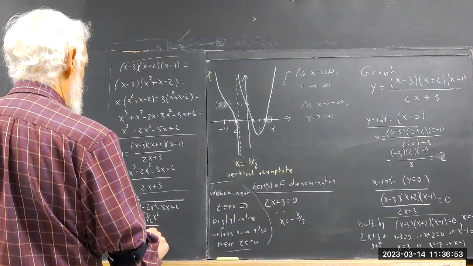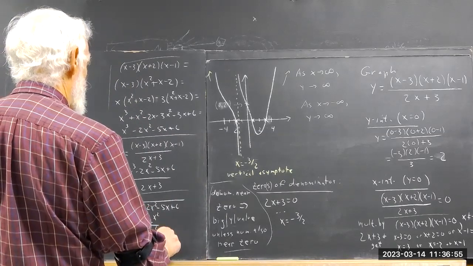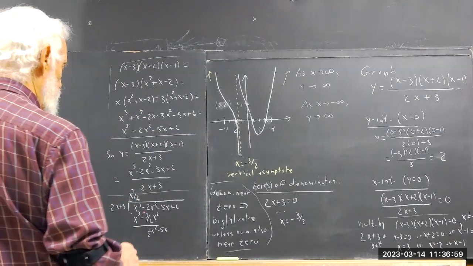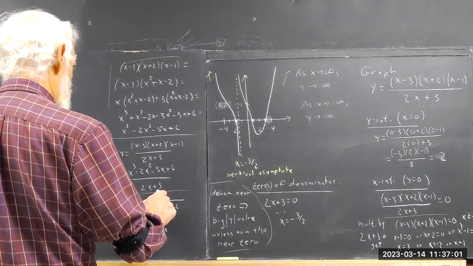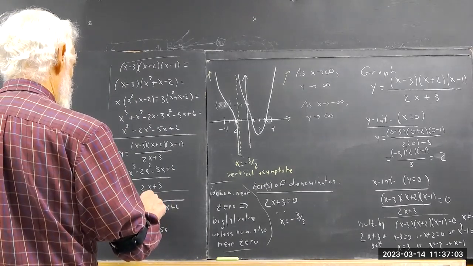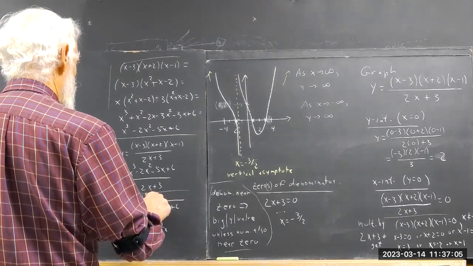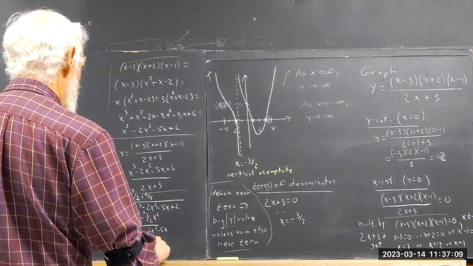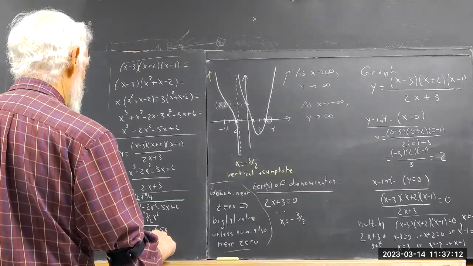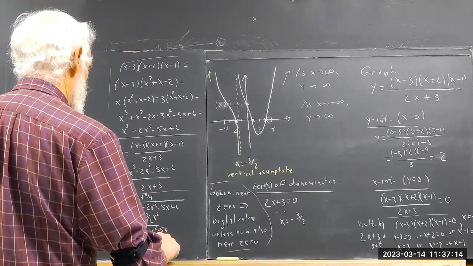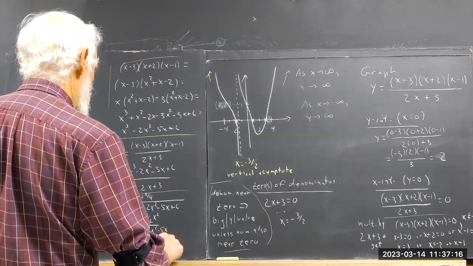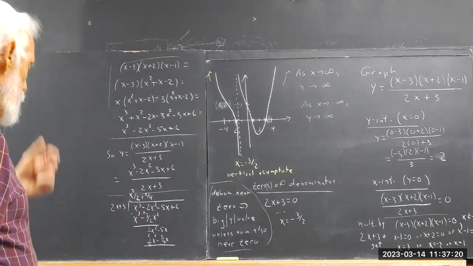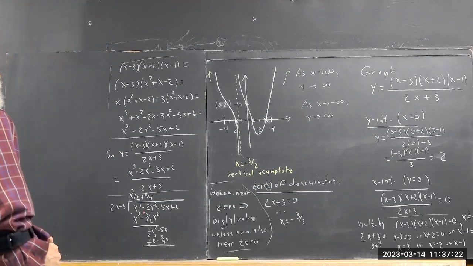And we get 1/2 x squared minus 5x, which means we're going to get x over 4. And that's going to give us 1/2 x squared minus 3/4 x.